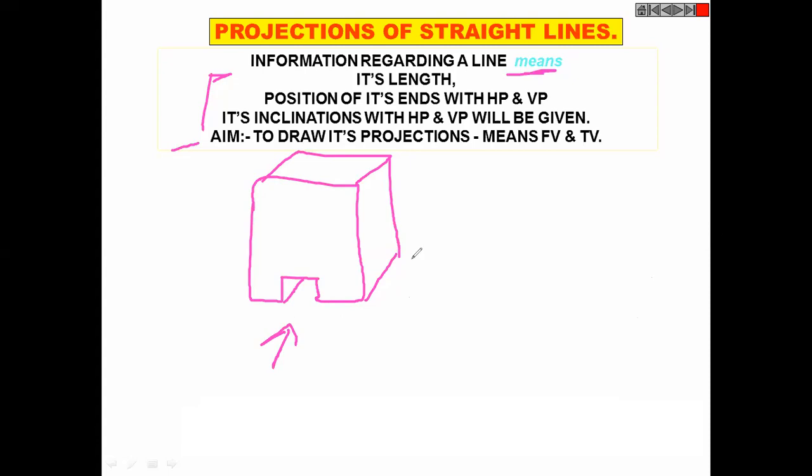Ultimately, you draw the views, the projections of views, using the projection method. You draw different views, whether it is a solid object, a point, or a line. So what kind of problems can we have? First of all, I will tell you that.